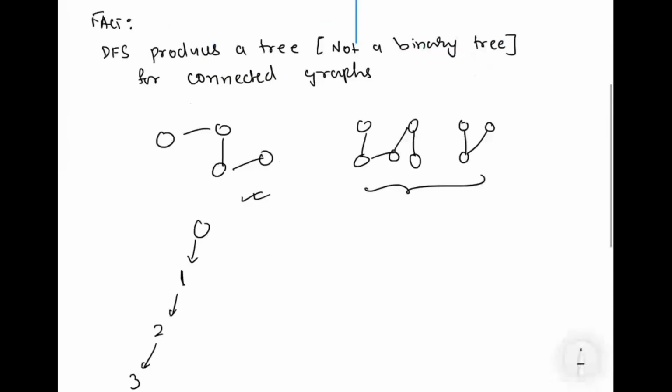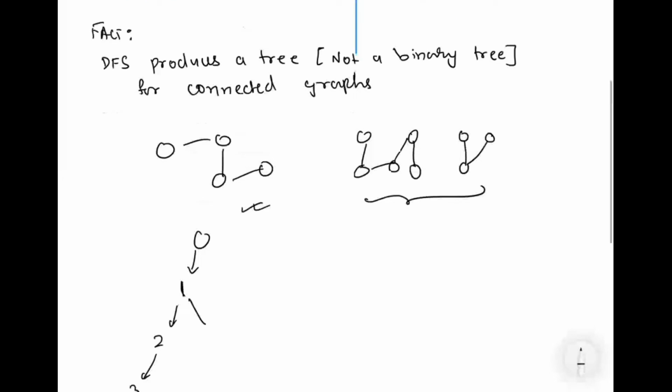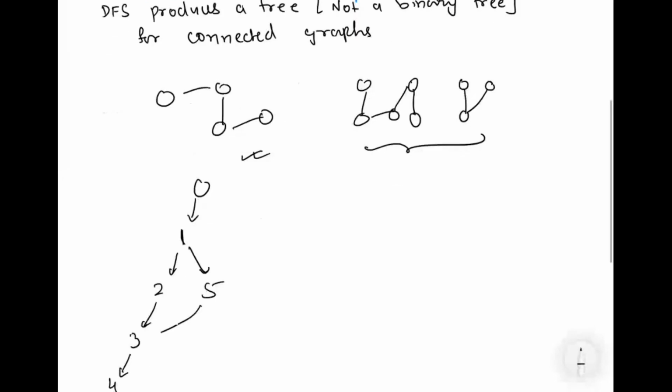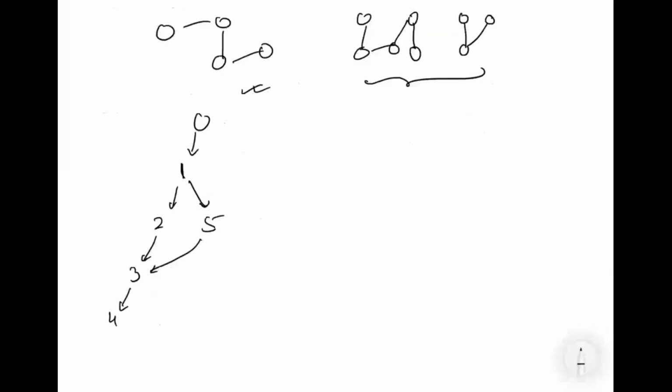And the basic idea is that visited is used as a set to keep track of visited nodes. And the basic change in our code is that we are going to develop a seen variable which will also be a set, and its job will be pretty similar to visited, but when we come back from a vertex, like when we reached 4, we are going to get back to 3, right?